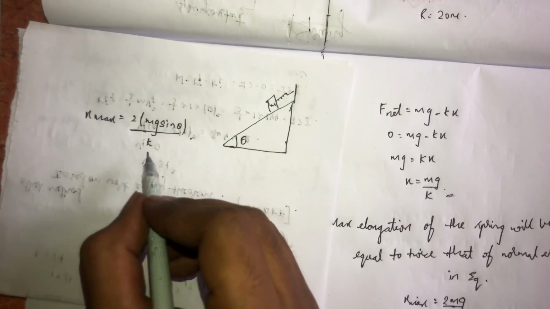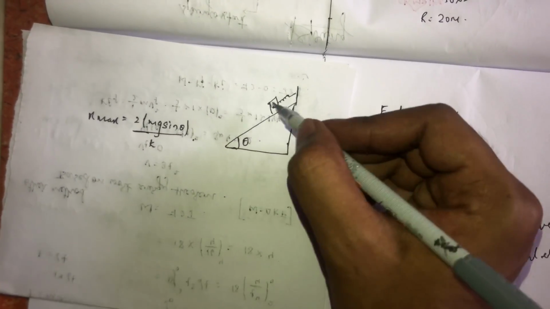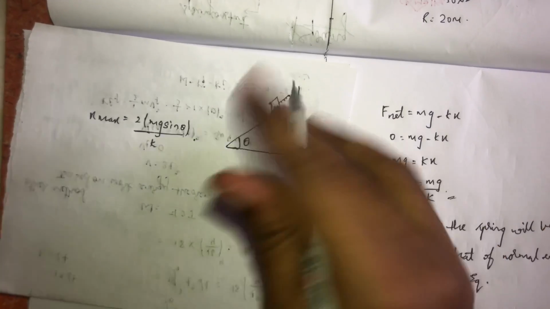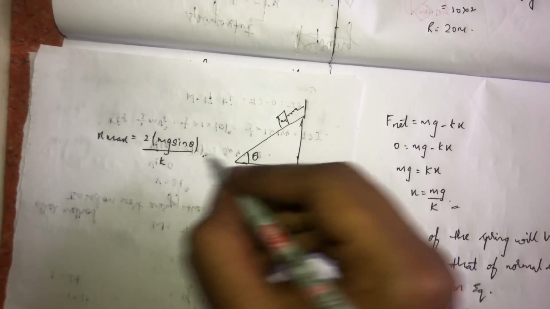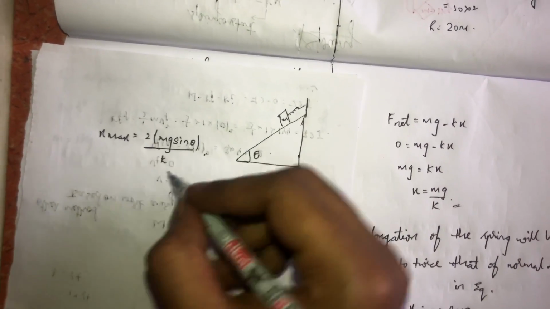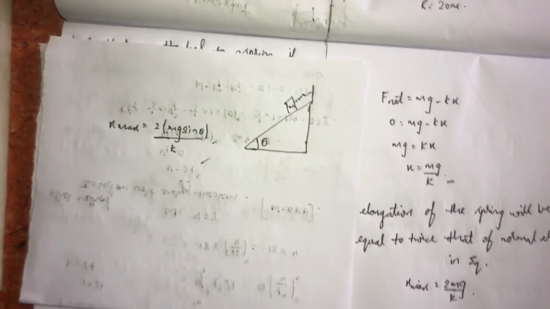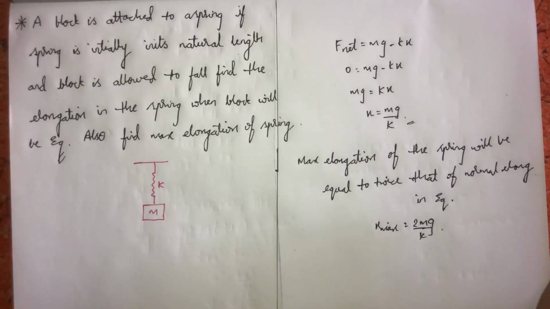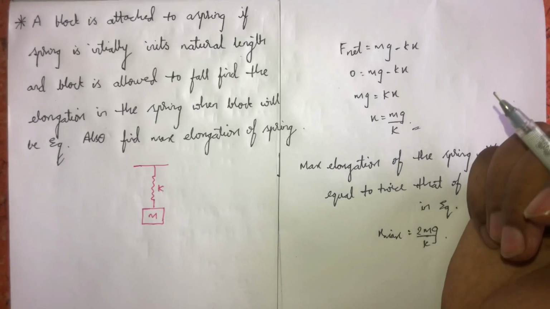So x max will be equal to 2 mg sin theta by k. Here gravitational force will be acting in the downward direction, making an angle theta. So mg sin theta, 2 mg sin theta by k. That's clear. Hope you understand clearly the concept of springs related to the work energy theorem.